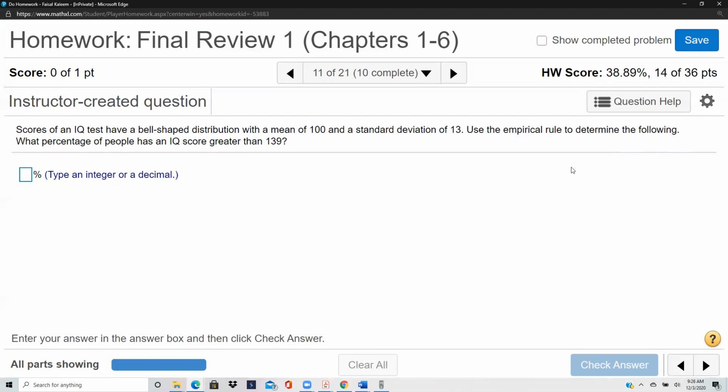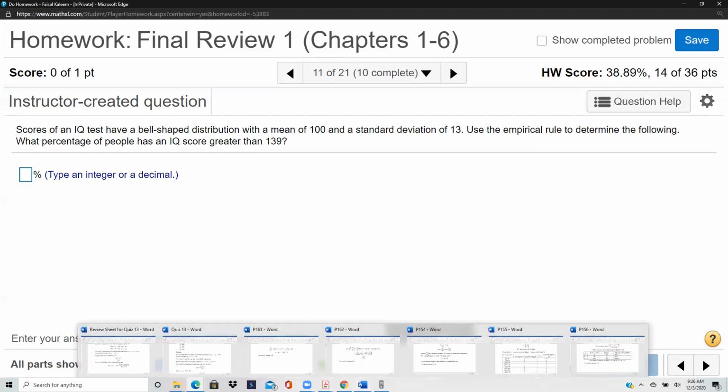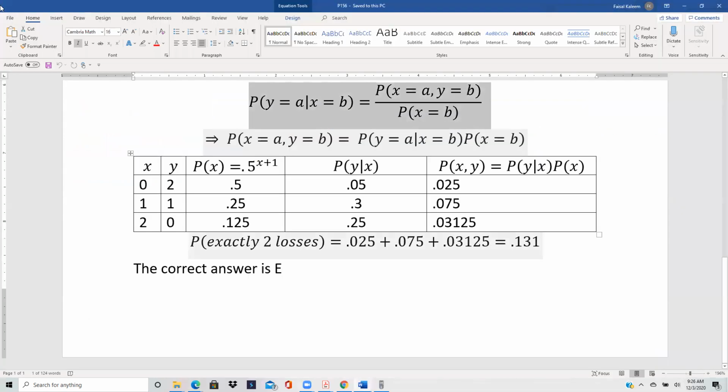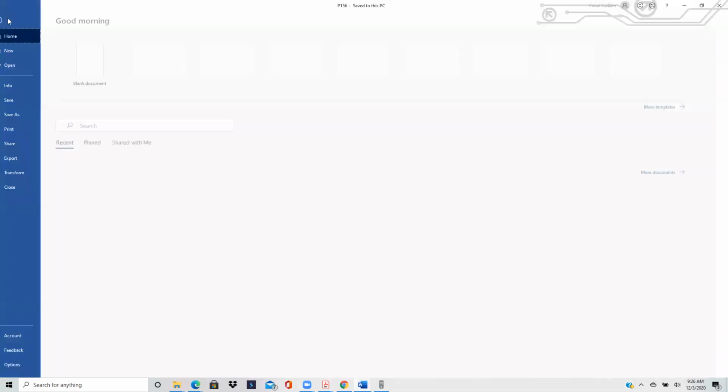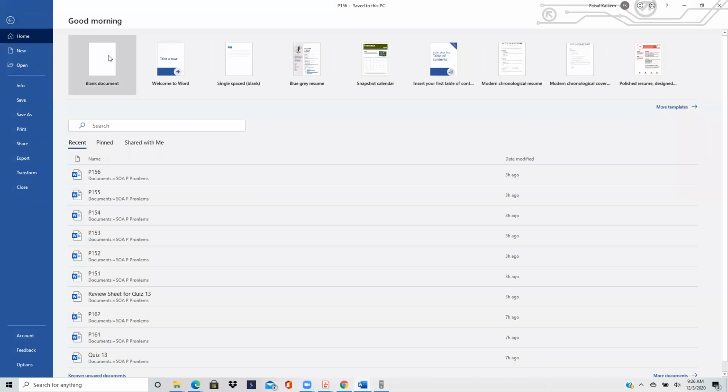Yeah. So what are the three main numbers that you have to remember for one standard deviation, two standard deviations, and three standard deviations? The first one is like 60 something, I think. 68, you better remember them.